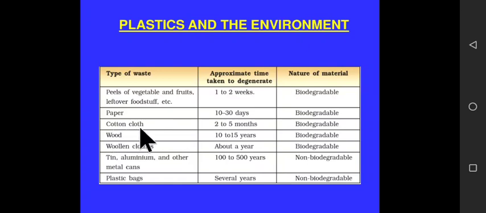Cotton cloth takes around 2 to 5 months to degenerate, and it is also biodegradable. But plastic bags take several years to degenerate, and they are a kind of non-biodegradable substance.